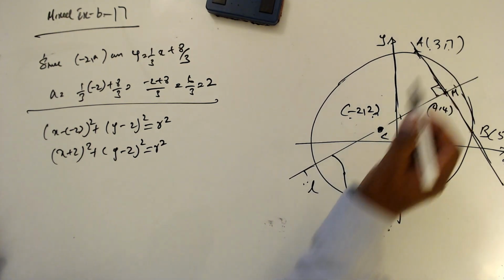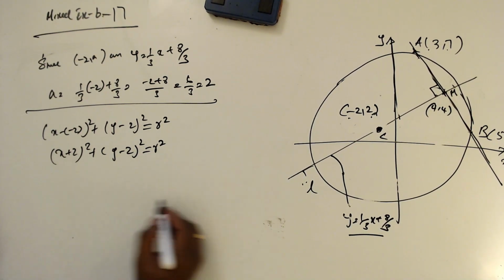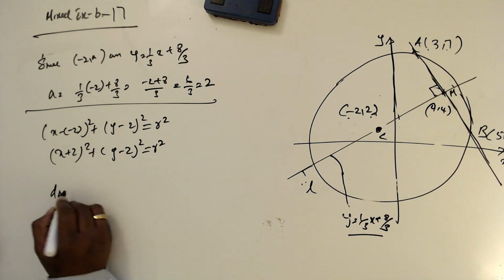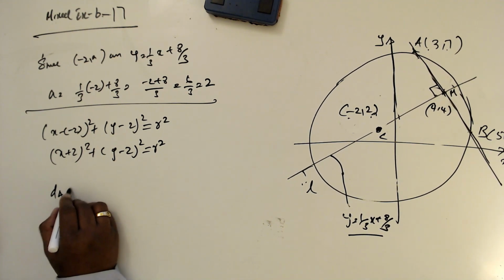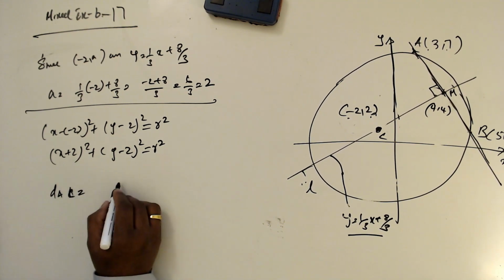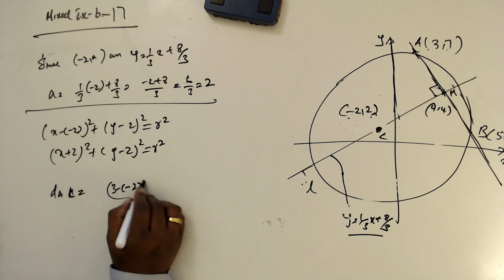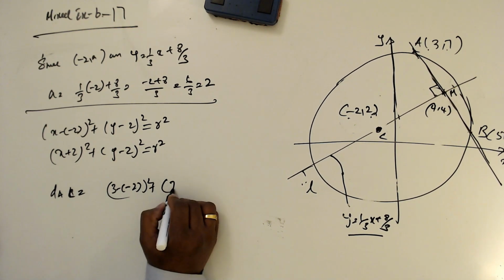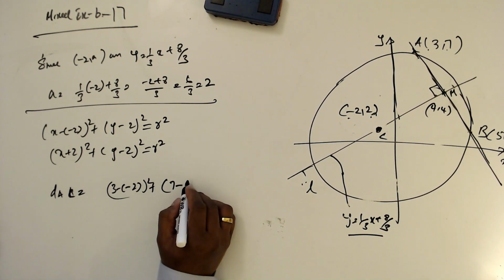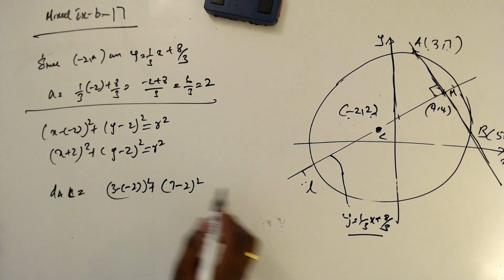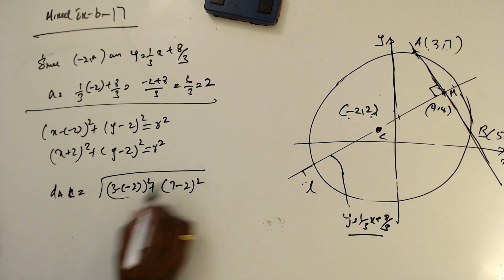I will take 3, 7. So the distance AC is the square root of (3 minus minus 2) squared plus (7 minus 2) squared.